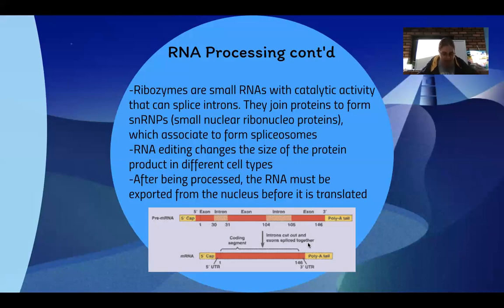All right, so we've edited it. We have our modified nucleotide cap. We have our poly A tail. We got rid of the introns and pushed the exons all back together and rebonded them. We now have a fully processed messenger RNA. And now that it's been processed, it has to be exported, so sent out of the nucleus before it can be translated.